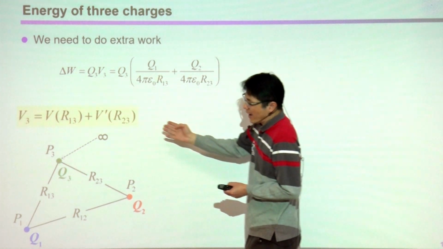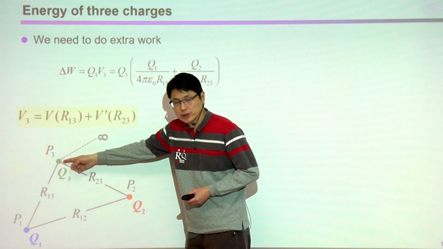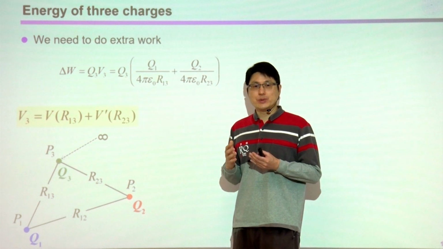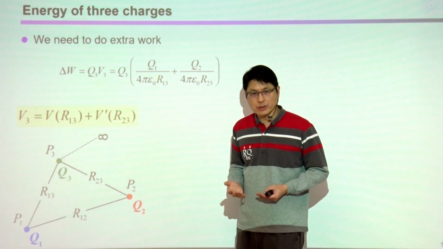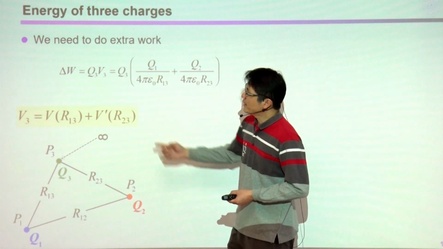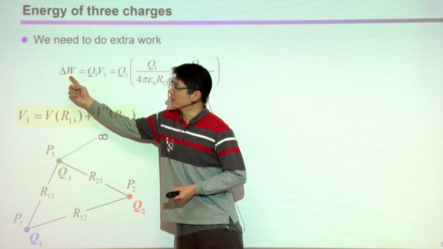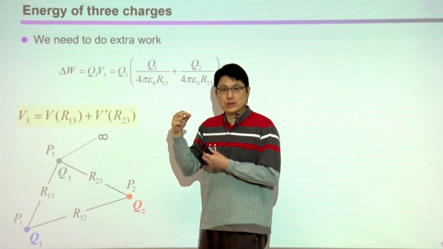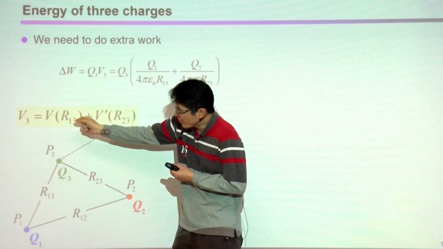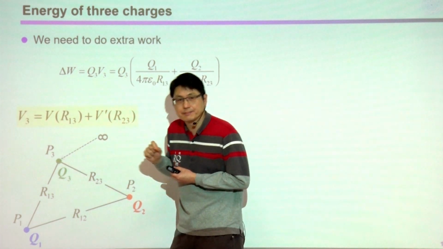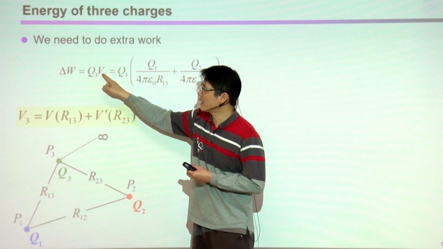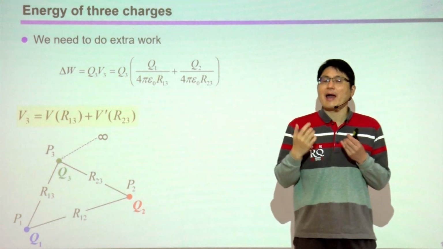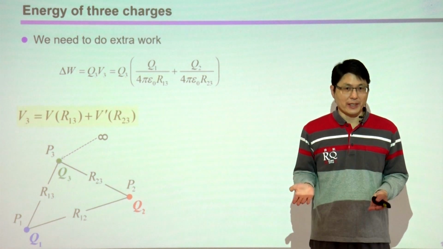So if I add the third charge into this location, I have to do additional work, right? And that additional work, delta W, the additional work that I need to do by bringing the third charge into this location is Q3 times V3. Now you have to think how to properly formulate V3.